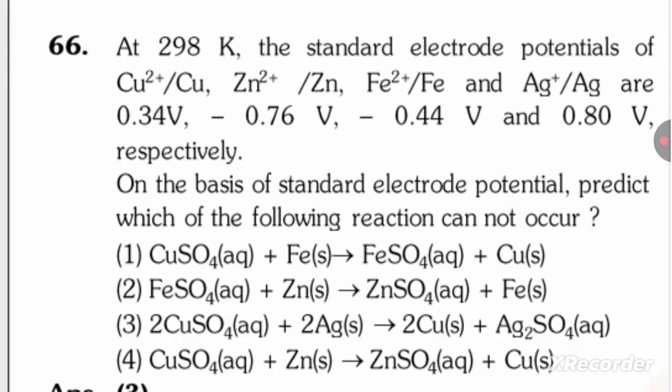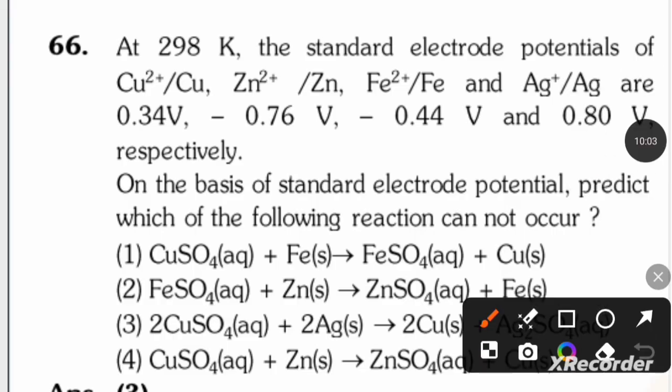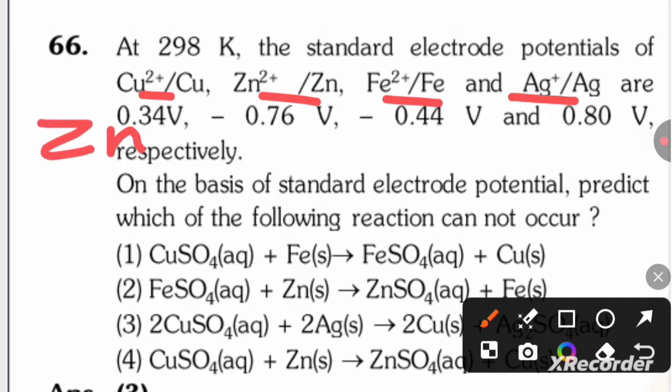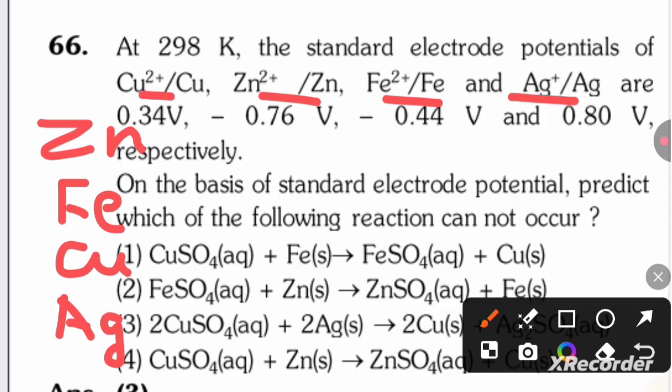At 298 Kelvin, the standard electrode potentials of copper, zinc, iron and silver have been given. So you should remember the electrochemical series. In the electrochemical series, among the given 4 metals, zinc is at the top, then iron comes, below iron we can find copper, and then silver.